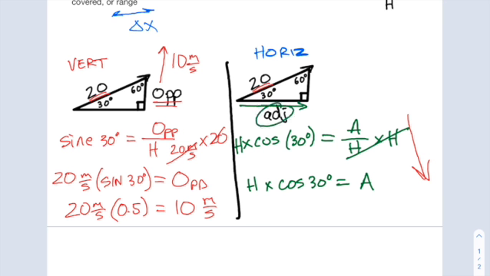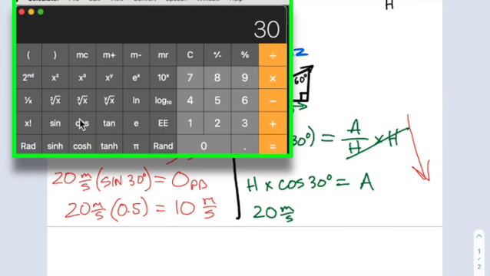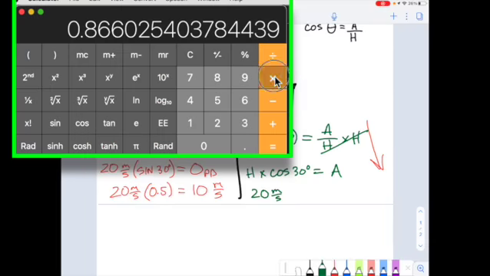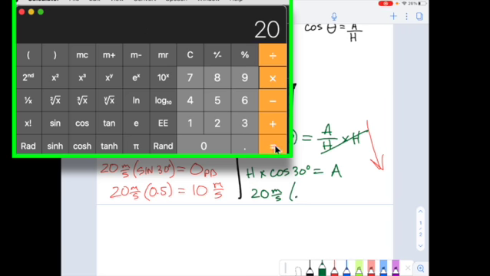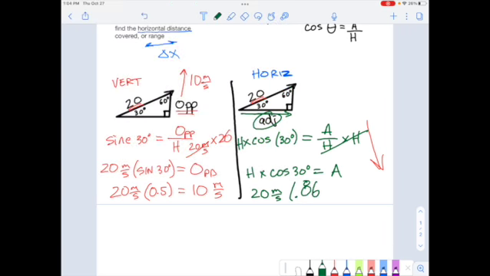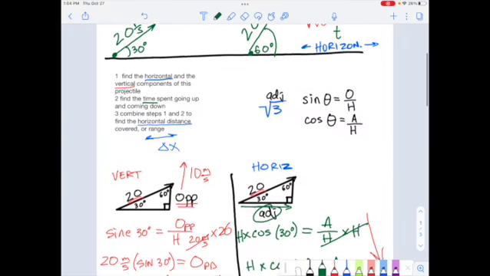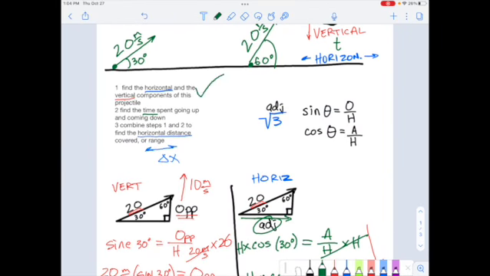The hypotenuse is 20 meters per second. The cosine of 30 is 0.866. And so that means the adjacent, or our horizontal velocity, is going to be 17.3 meters per second. All right, so we've finished step 1. We found the horizontal and the vertical components.